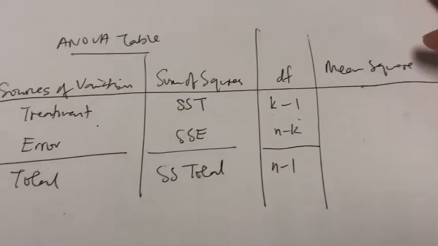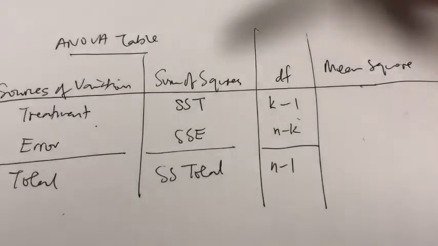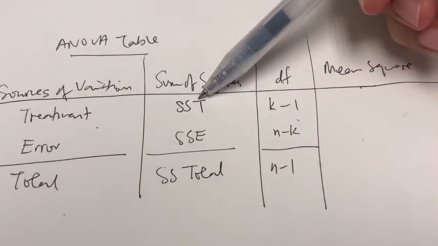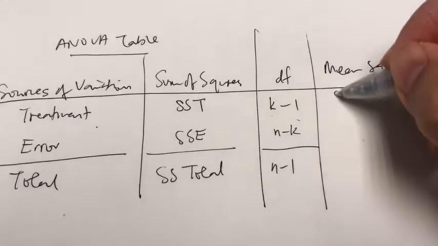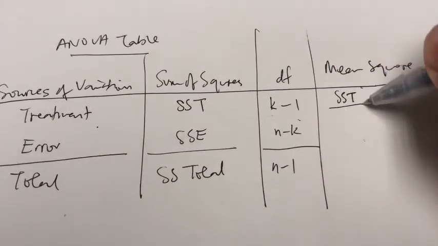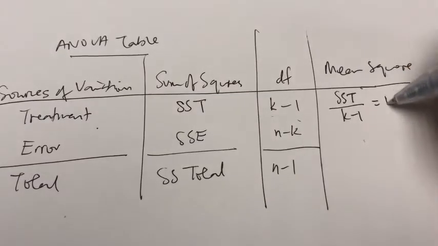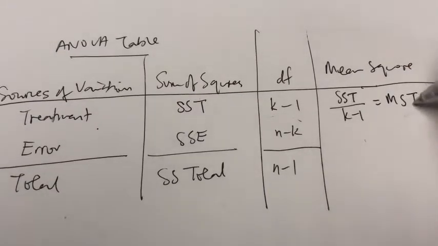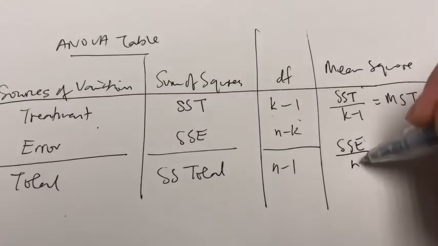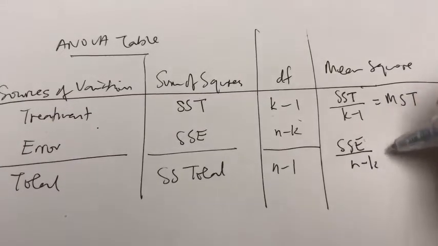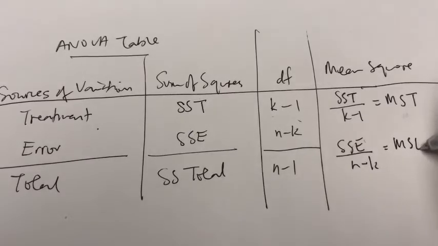All right. Now, we just divide the sum of squares with their respective degrees of freedom to get the mean square. Okay, so SST over K minus 1, we can actually get the mean square due to treatment, right? And here, SSE over n minus K, we can actually get the mean square due to error.